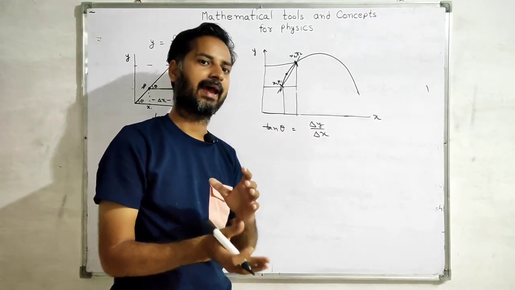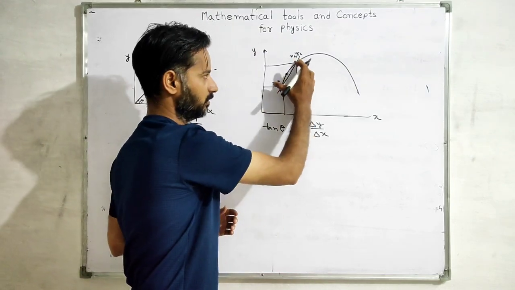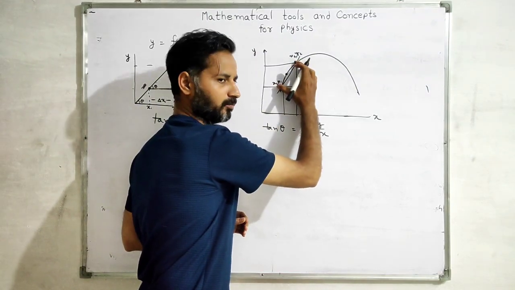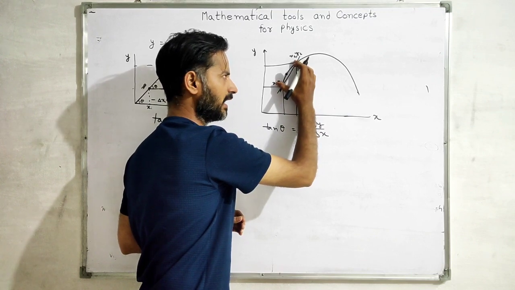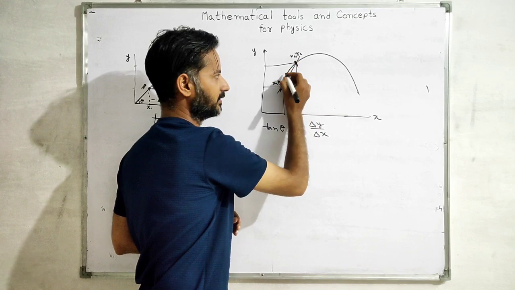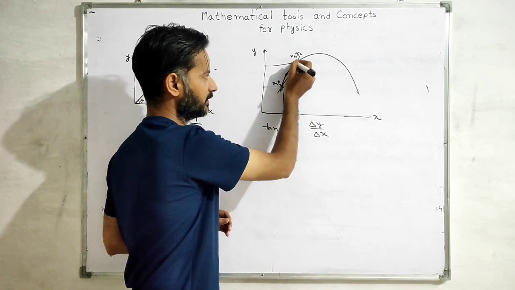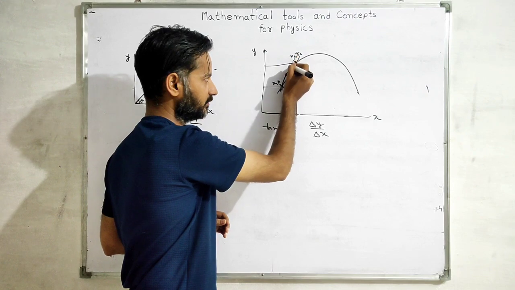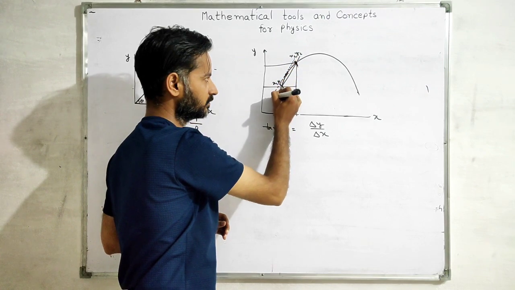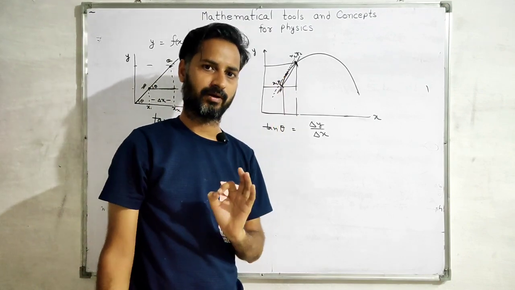But for getting the exact value of slope, I need to place both points extremely near. If I take them near, let both be here, one point here, one point here, then I get another tangent line which will be passing through that particular point.